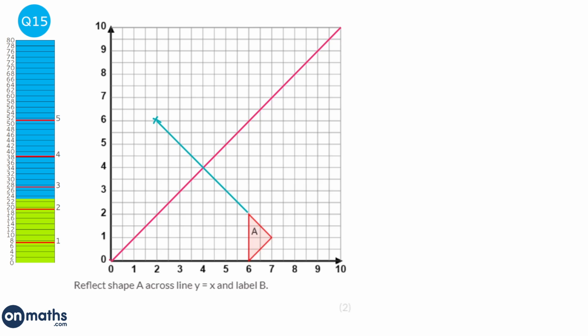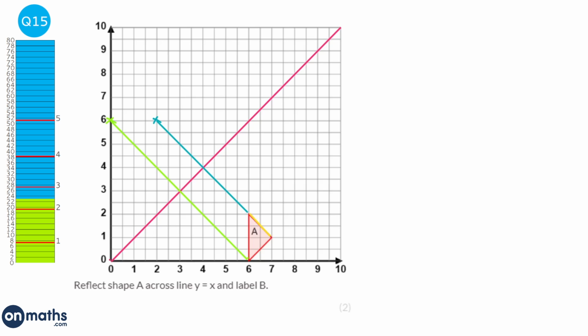And I'm going to do the same with the bottom one. So 1, 2, 3, 4, 5, 6 diagonals. So it will be there. And then finally, I'm going to do this slightly harder one.